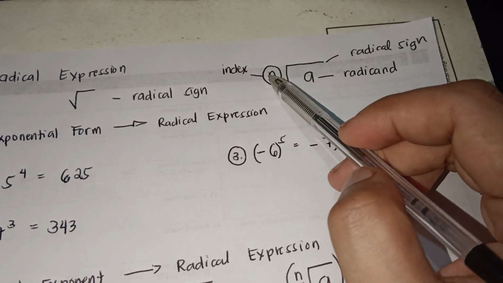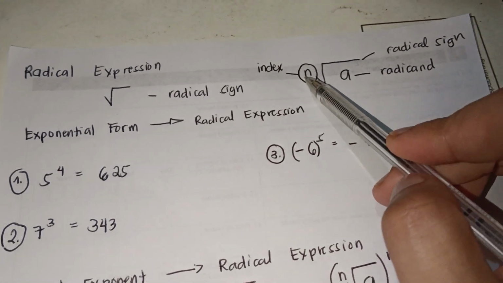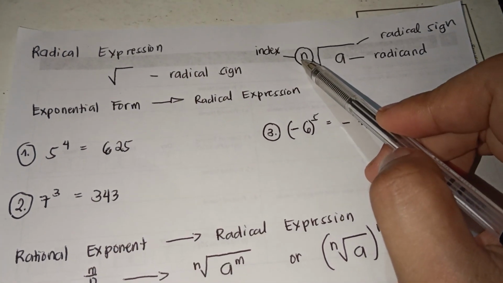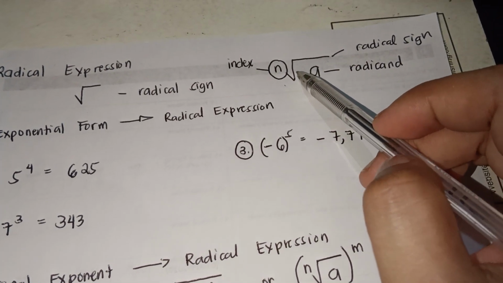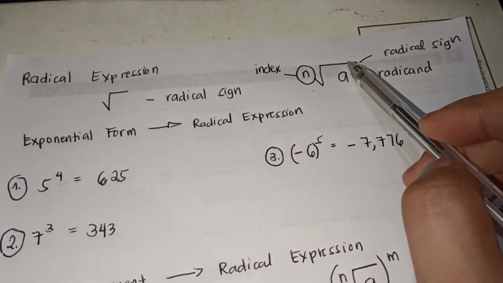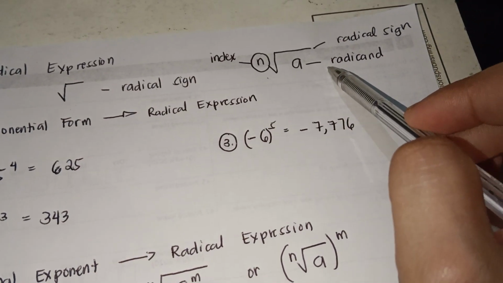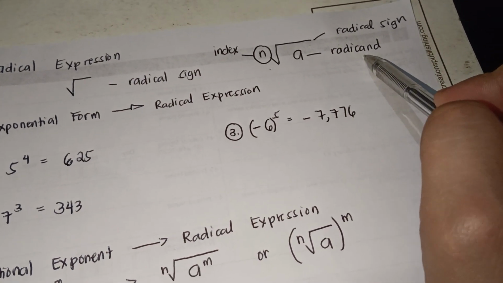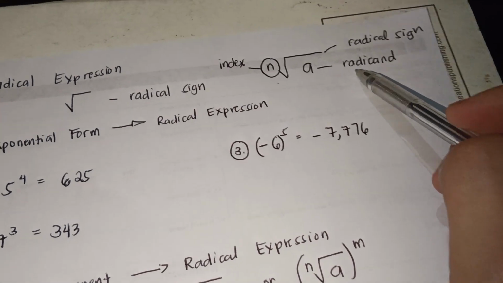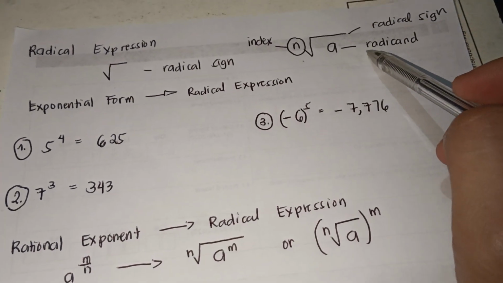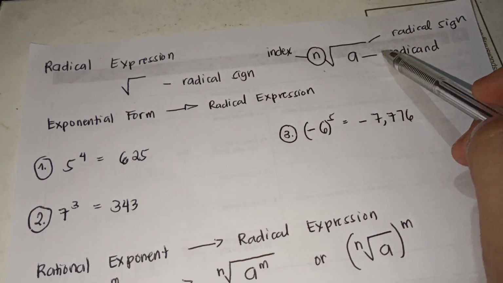It defines kung ano po yung root na iti-take natin, depende sa given po. Next is the radical sign. After that, we have the value of a which represents the radicand po. These are the expressions inside the radical sign.